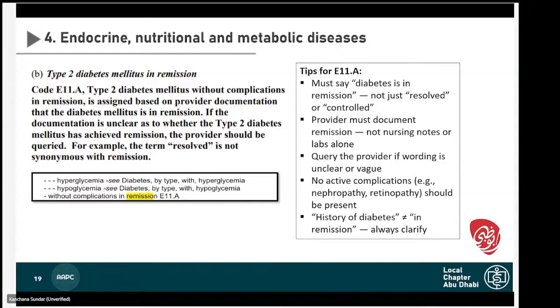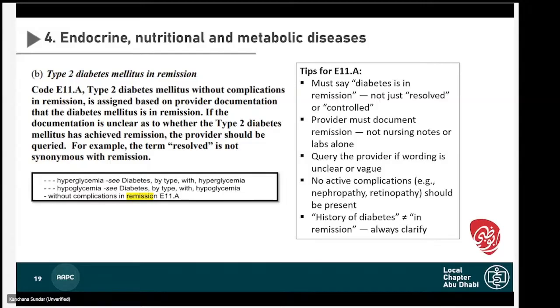And the next one is that no active complication should be there, because if you revisit the description of E11A in our guideline, it clearly states type 2 diabetes mellitus without complication in remission. Remission itself means that it is not active, right?